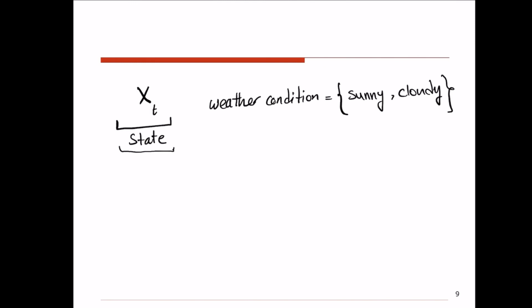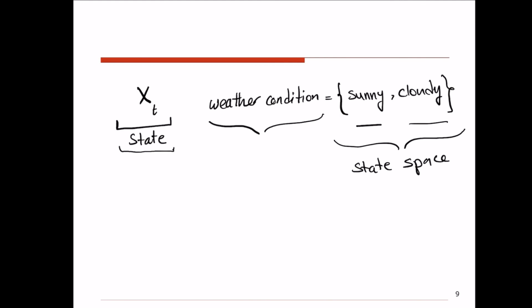I don't know exactly what is going to happen tomorrow, if it's going to be sunny or cloudy, but I know that it's going to be one of them. So that means the state of the system, which is represented by the weather condition, is going to be either sunny or cloudy. So I know the two possible values that I'm going to get, but I don't know exactly which one of them will happen. When I have the set of all possible values, this is what I call the state space.